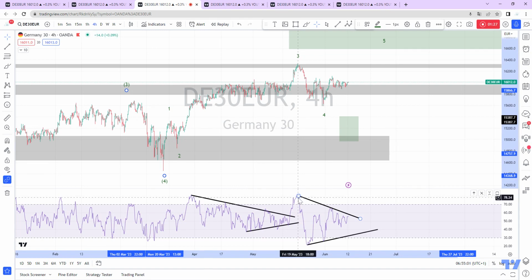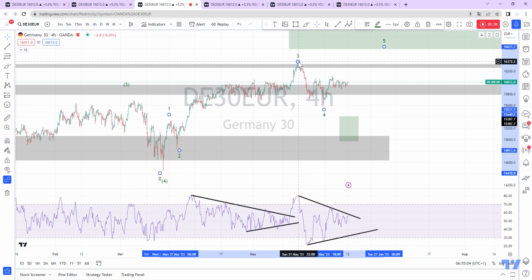It should be weaker, but please do not forget that this here could also be a valid Elliott wave count, which means that the high is in and that the pullback that I am expecting in the higher time frame will start. But for now, this is my primary scenario, like this.